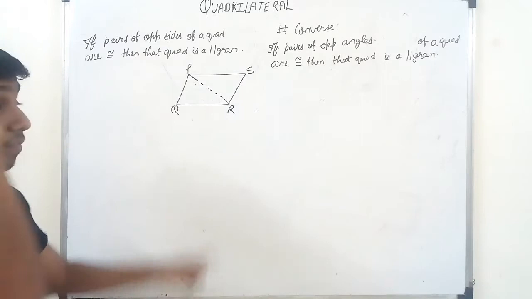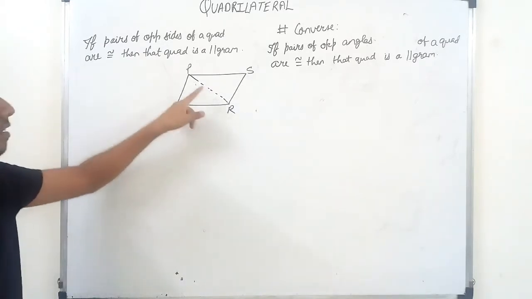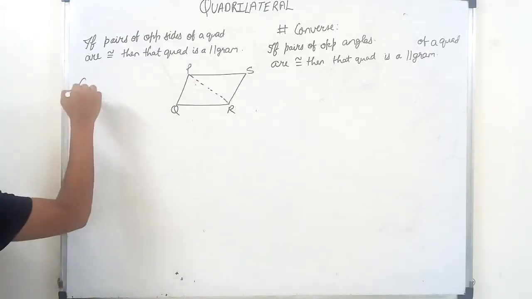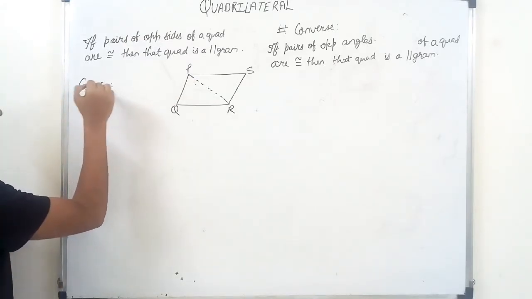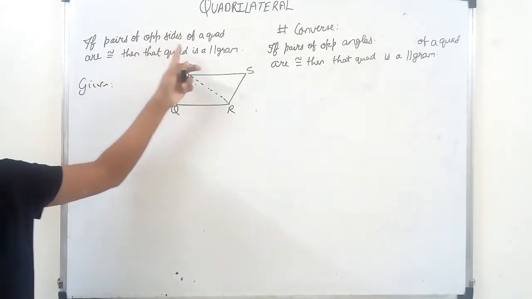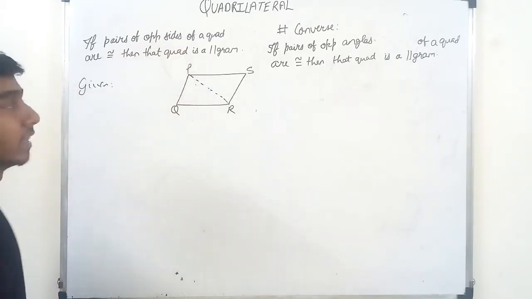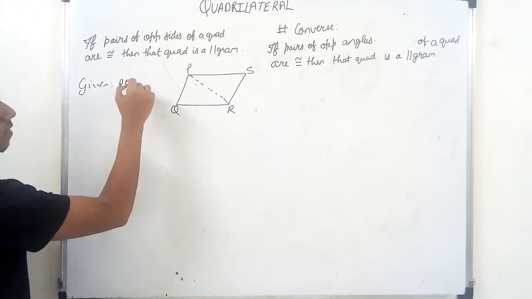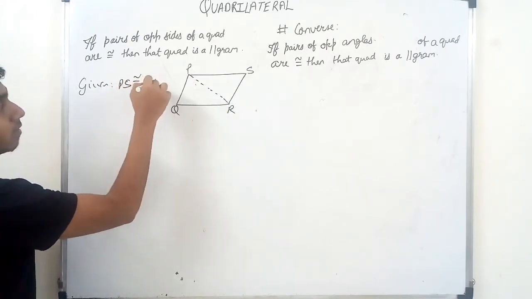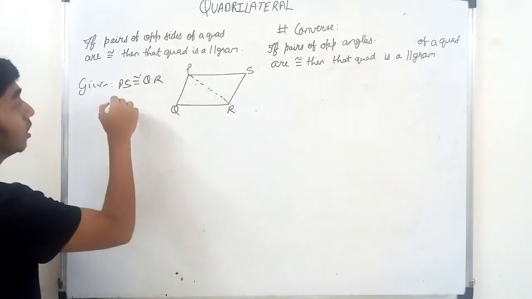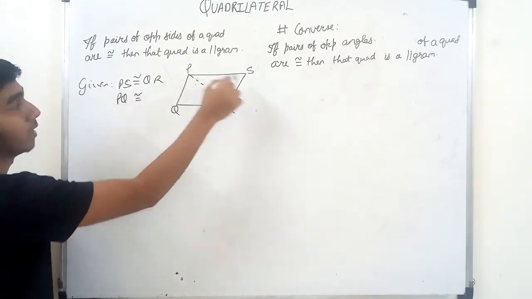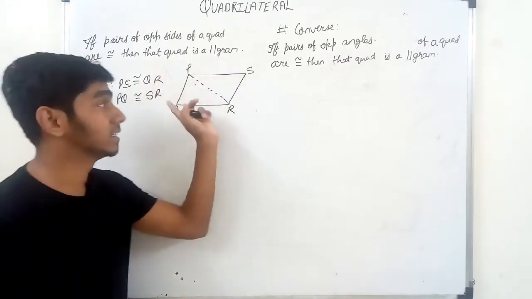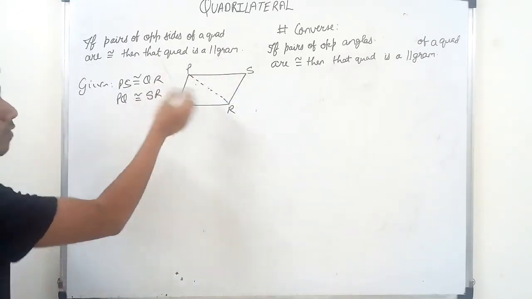Before the construction, let's write what is given. Opposite sides of the quadrilateral are congruent. That means PS is congruent to QR, and PQ is congruent to SR. Yes or no? So opposite sides are congruent. Then what are we supposed to prove?